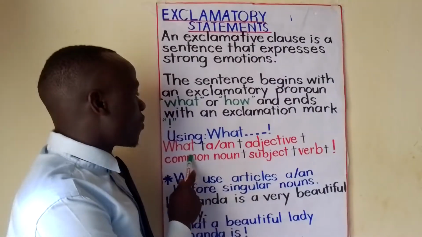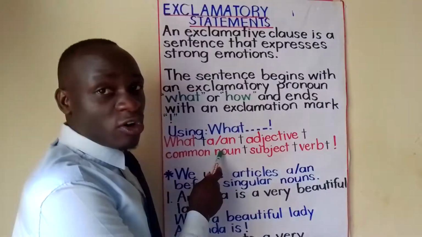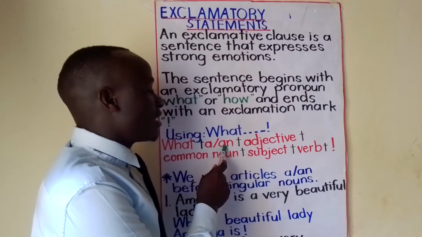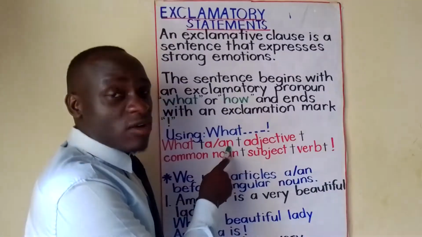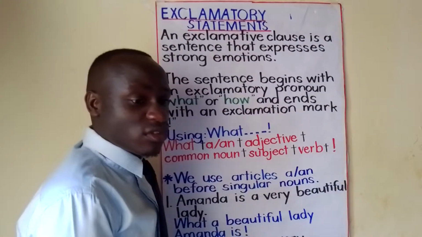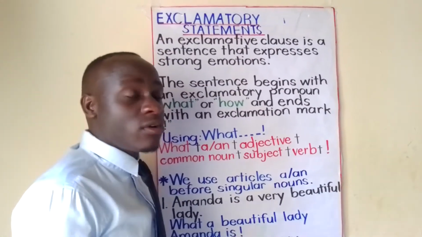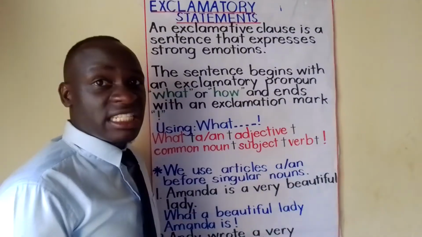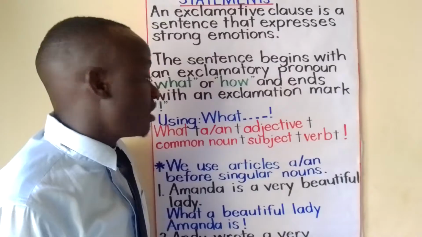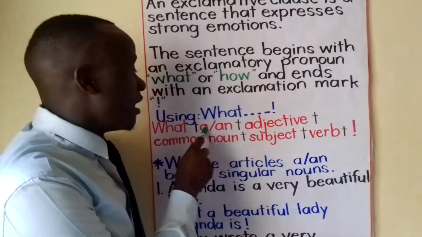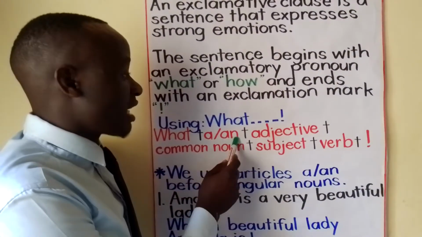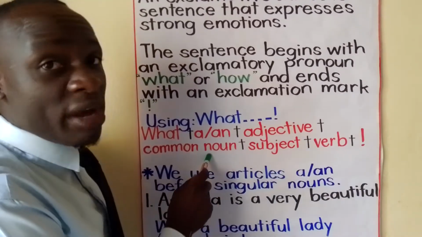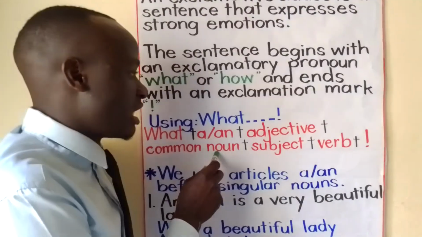We begin with what. What is followed by an article, either a or an, depending on the adjective which has been given to you. Given an adjective which has a vowel sound, you use article an. Given an adjective that has a consonant sound, you use article a. Of course, this article will be followed by an adjective, and the adjective will be followed by a common noun, depending on the sentence given to you.